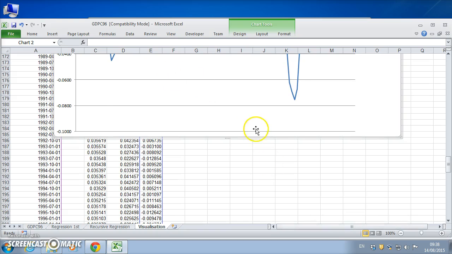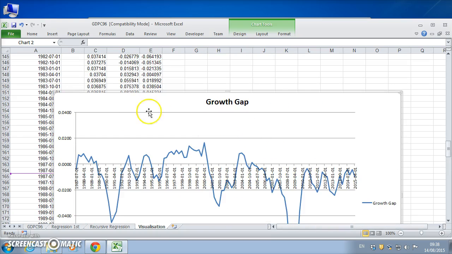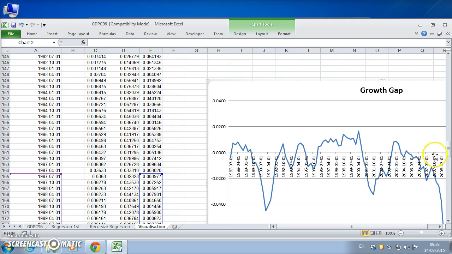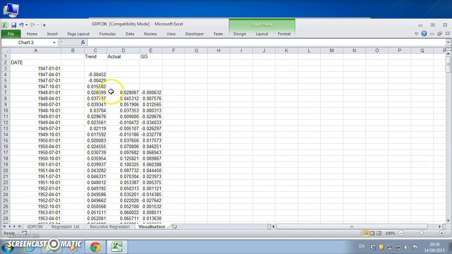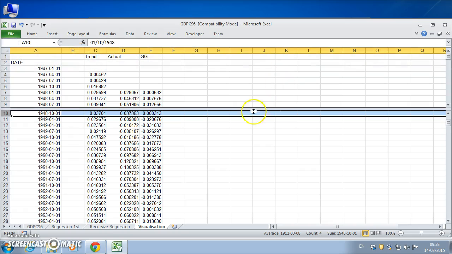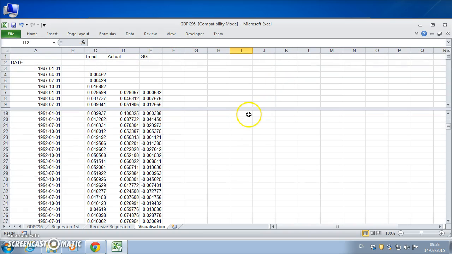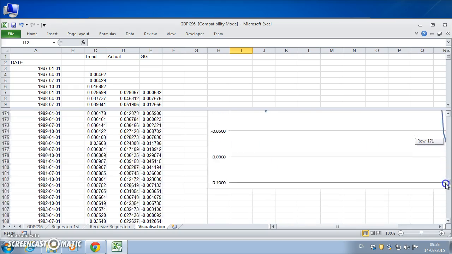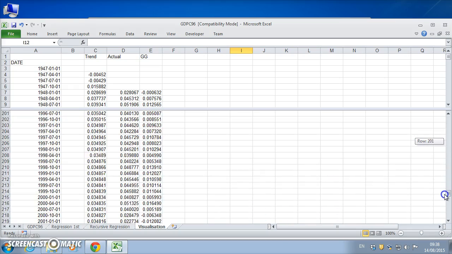So GDP growth historically, if we take the trend, let's put this to one side for a second. At this point let's introduce a split. Okay, and if we pull this down, let's try to offer some kind of interpretation.